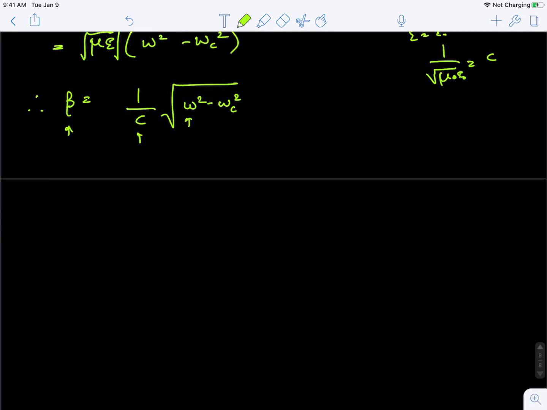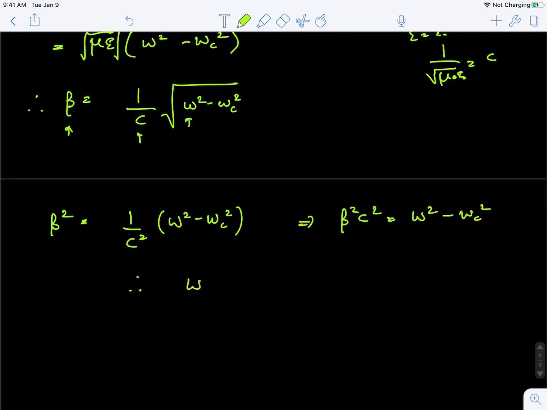That means beta square is equal to 1 by c square multiplied with omega square minus omega c square. So beta square c square is equal to omega square minus omega c square. Therefore, omega c square is equal to omega square minus beta square c square. Omega c is equal to the square root of omega square minus beta square c square.